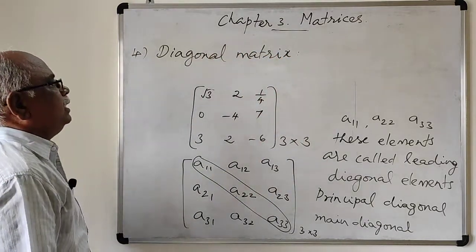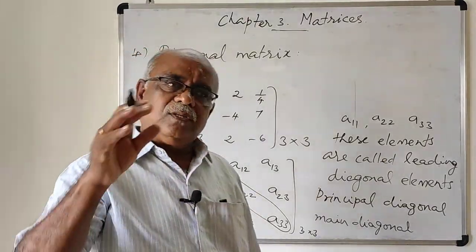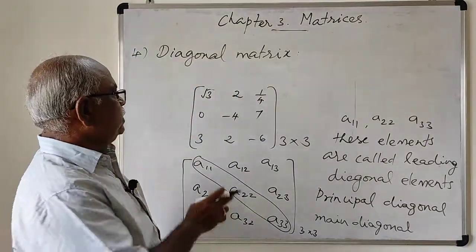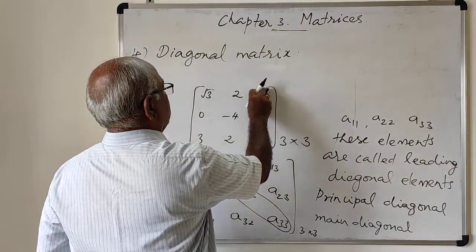A diagonal matrix is always a square matrix in which, except the leading diagonal elements, all other elements are 0.